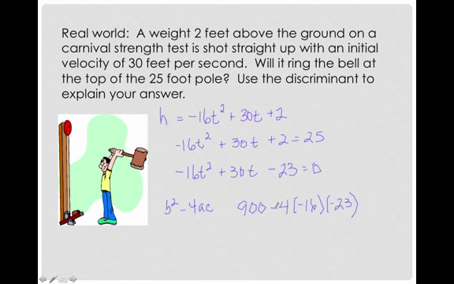So I'm going to have 900 minus 1472. So I'm going to have a negative number under my radical. My discriminant is negative, therefore I have no real solutions. So I cannot hit the bell if I'm only putting 30 feet per second of force on that with my mallet to ring the bell.